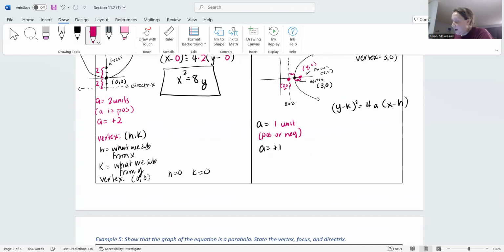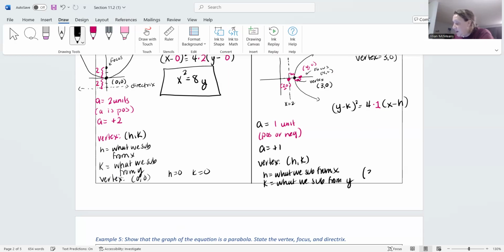So we can go ahead and fill that into the equation. So times 1. Now let's figure out what h and k are, okay? So remember, the vertex is (h, k). h is what we subtract from x. k is what we subtract from y.